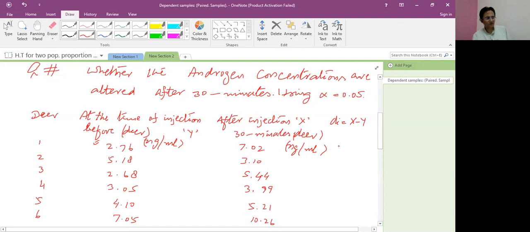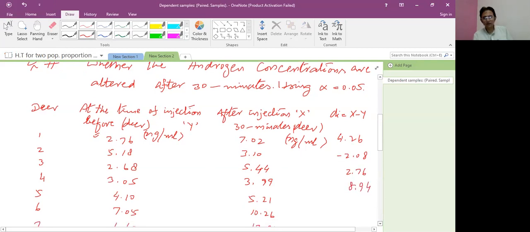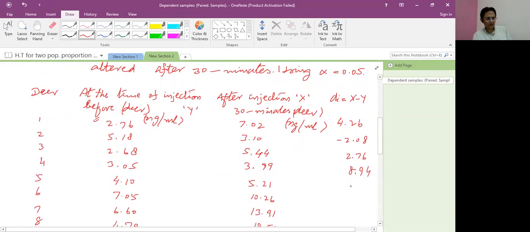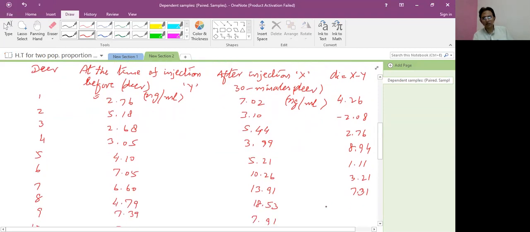It is 4.26, minus 2.08 because it is negative, 2.76, 8.94, 1.11, 3.21, 7.31. With the help of a calculator we will find this.